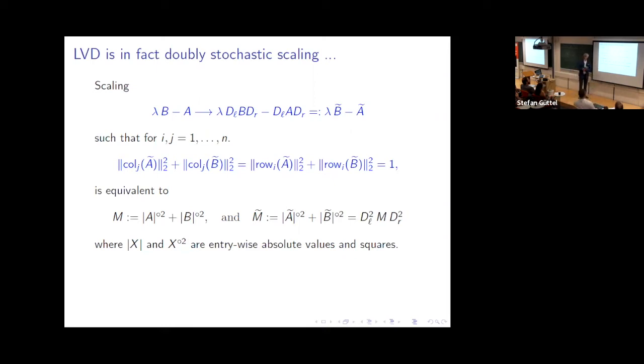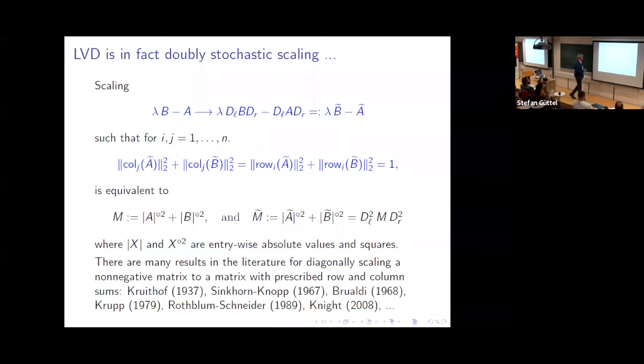And so then we started to extend this and better understand this algorithm. There are many results in the literature. Actually, it goes back to Kruithof, 1937, and Sinkhorn-Knopp, that's the name I heard from the paper of Knight, and many other people have worked on this problem.